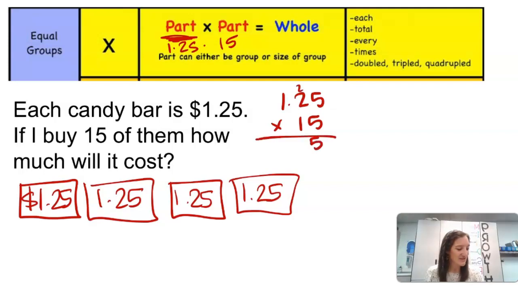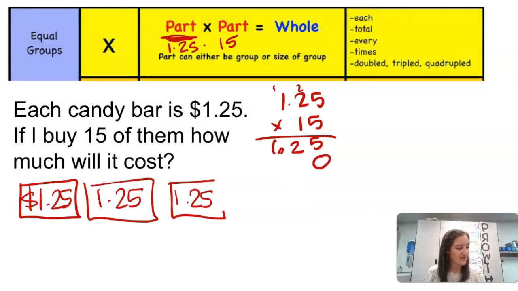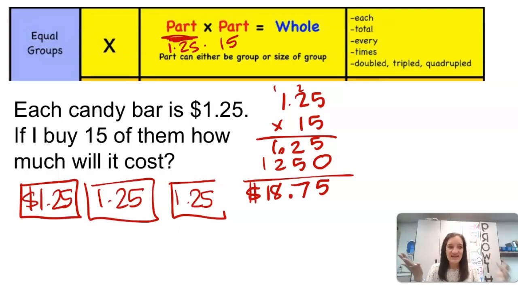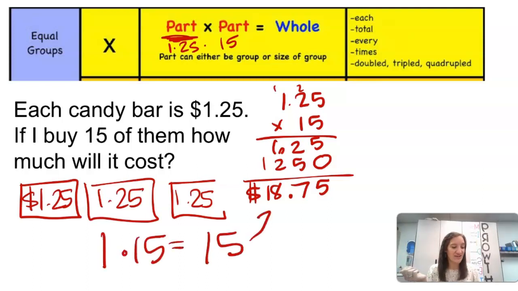That's 5, 10, 11, 12, 5, 6, add a 0 here, give me some space right over here, 5, 2, 1. I will get $18.75. And if I wanted to quickly estimate it, each candy bar is about $1, and if I buy 15 of them, it's going to cost me about $15, which is close to my actual answer of $18.75.